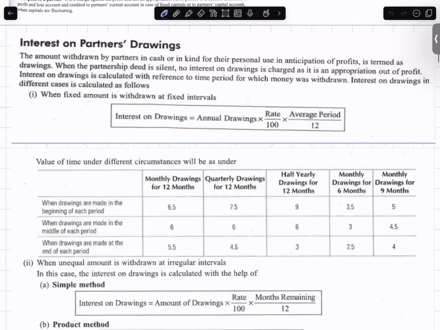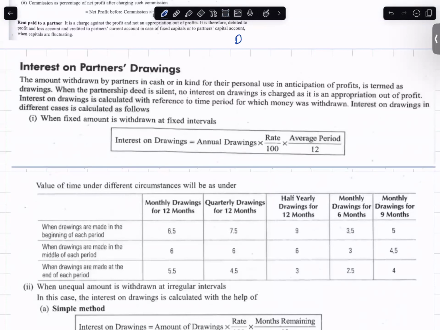Okay, can you tell me what is drawings? We are studying drawings. Drawings is where the owner takes out money from the business. So the owner is going to take money from the business, and for this, the owner is going to give to the business what?